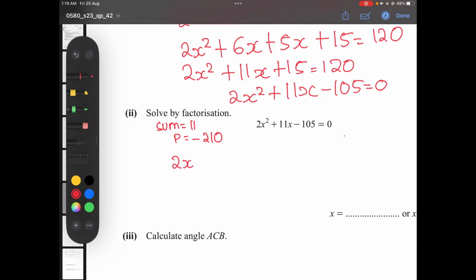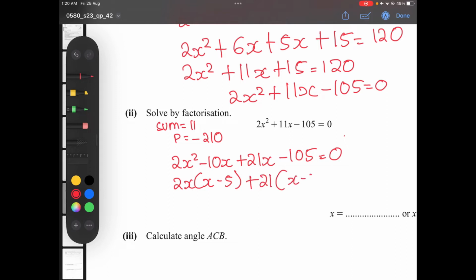So 2x squared minus 10x plus 21x minus 105 is 0, because 21 minus 10 is basically 11. So 2x times (x minus 5) plus 21 times (x minus 5) is 0.